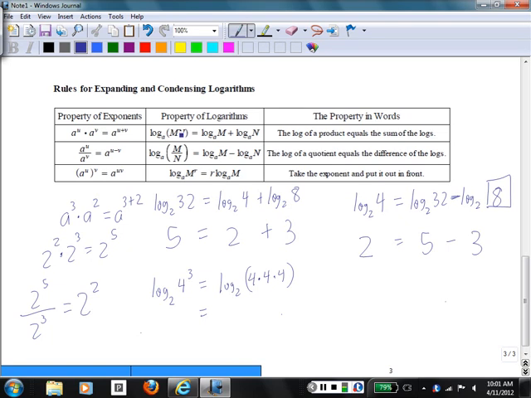The log of a product of finitely many factors is equal to the sum of those individual logarithms. So this is log base 2 of 4 plus log base 2 of 4 plus log base 2 of 4, and then there are 3 of them: 3 times log base 2 of 4.